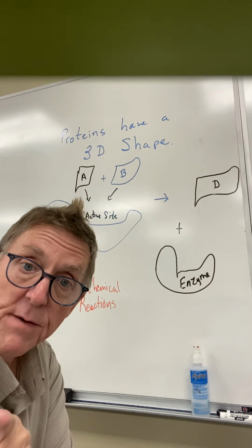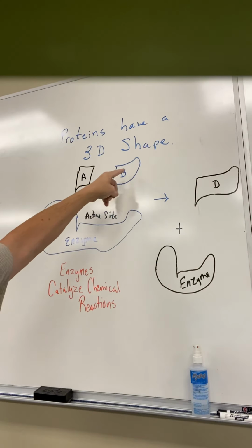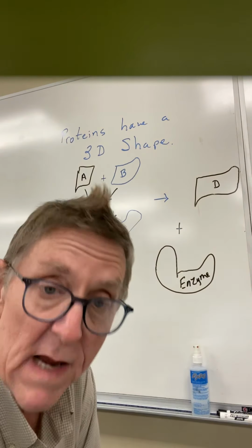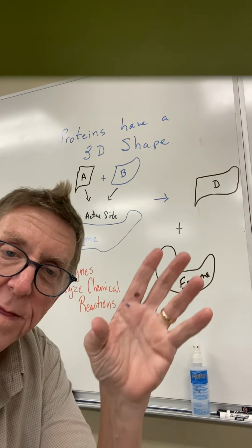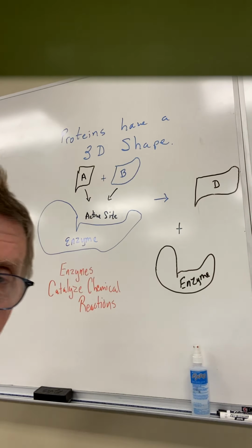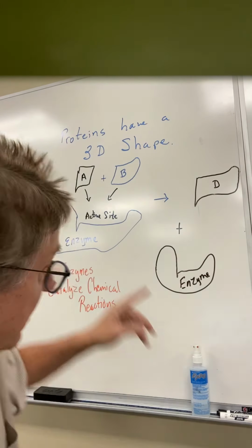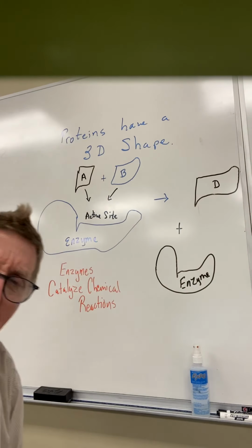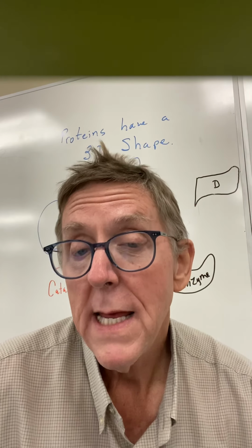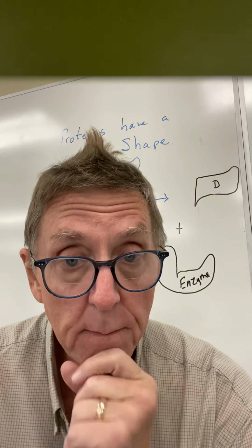What is the active site for? It's the place where A and B come together and then react. When A and B sit on the active site of the enzyme, they're caused to react to produce D. They have catalyzed a chemical reaction, and that didn't require heat.